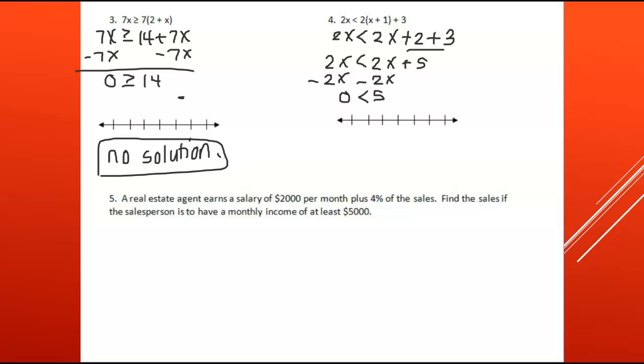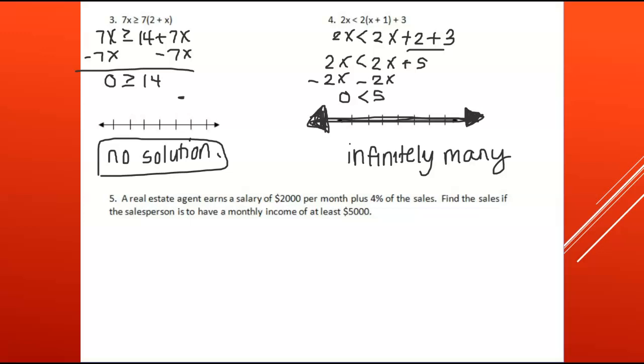What'd be the opposite of no solutions? Infinitely many. So Colton wasn't wrong saying all the numbers less than 5, but it's actually every number in the entire universe.